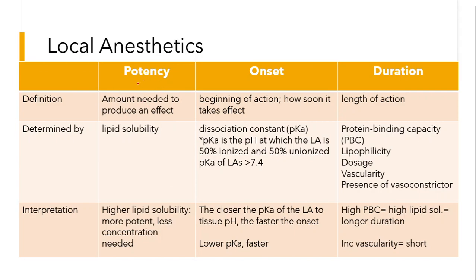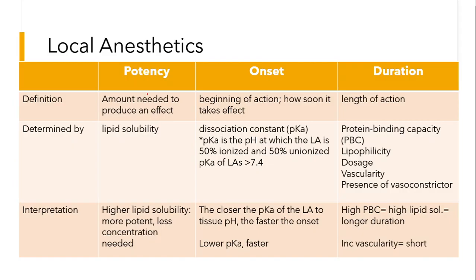Potency basically is defined as the amount needed to produce an effect. So when we say that a substance is very potent, it just means that you need a lesser amount of it in order to produce an effect.